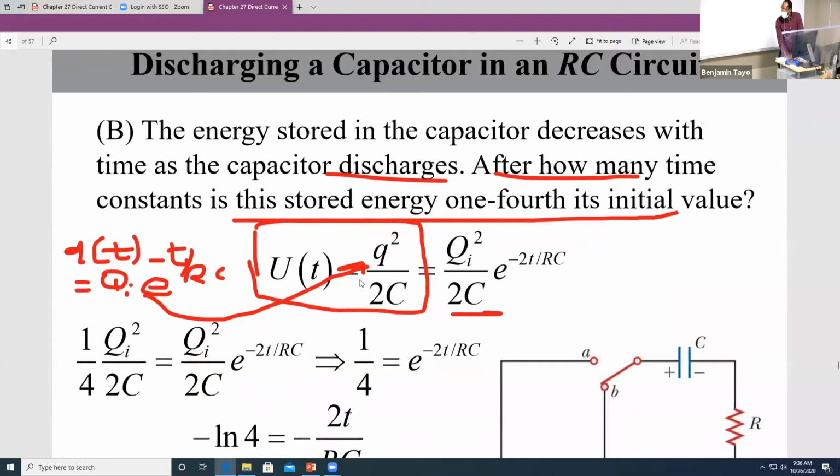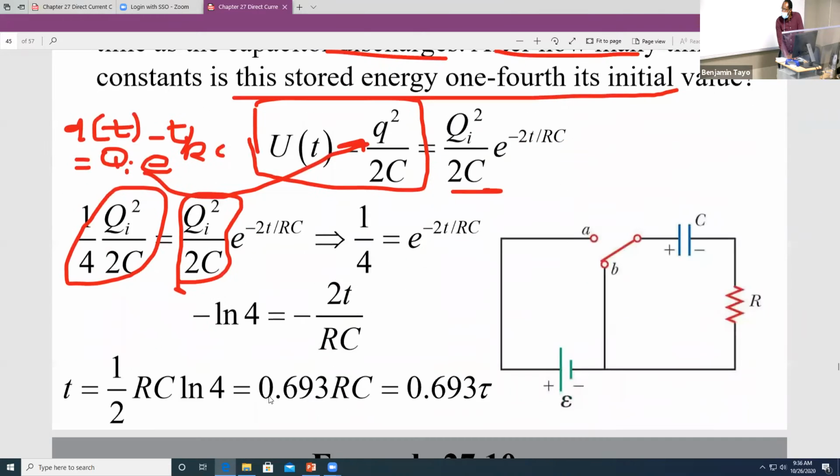And then this would be the maximum charge. So you want the charge to reduce to 1/4 of that maximum value. And so you solve that equation, you get the time is about 0.693 times the time constant.